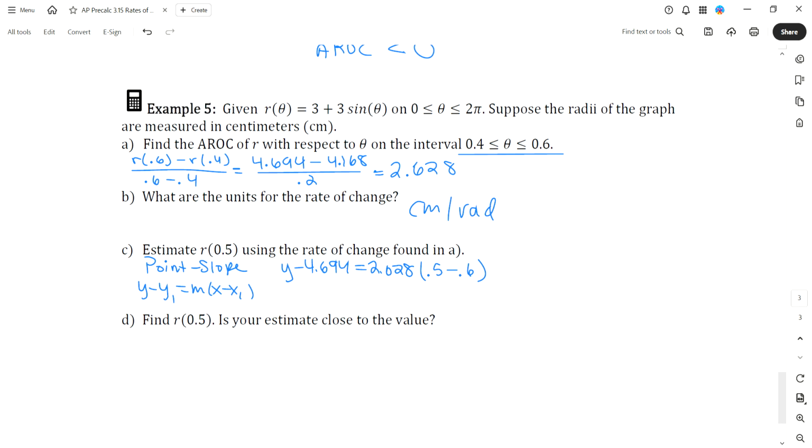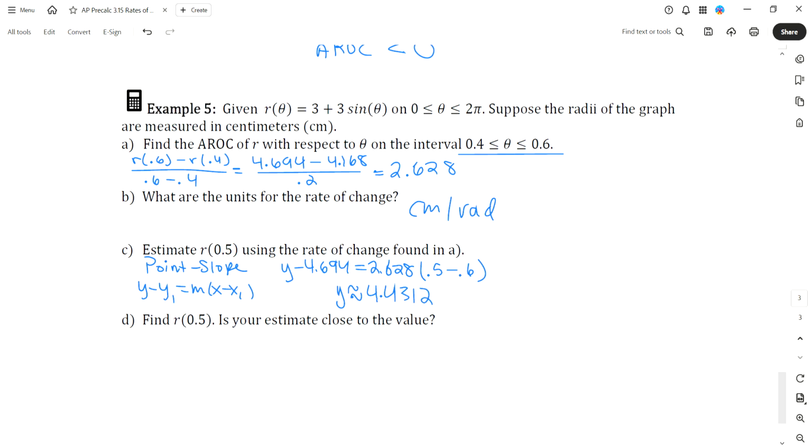And this is a calculator pal, so let's do some calculations. 2.628 times negative 0.1 plus 4.694. My approximate answer is 4.4312.